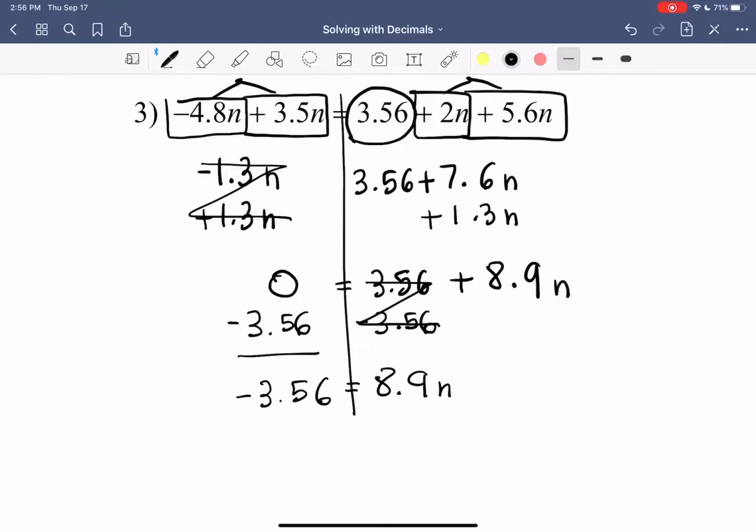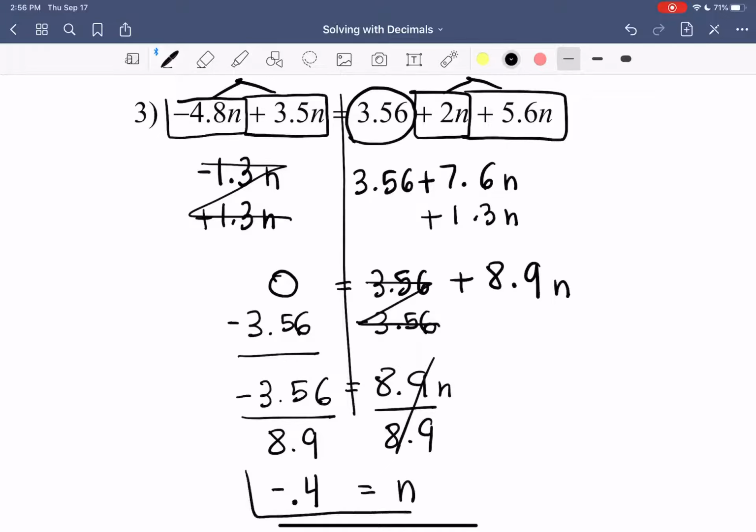And our last step is to divide by our coefficient of 8.9 on both sides. This will become 1, and we'll be left with n on that side, and negative 3.56 divided by 8.9, and we're going to be left with a negative 0.4.